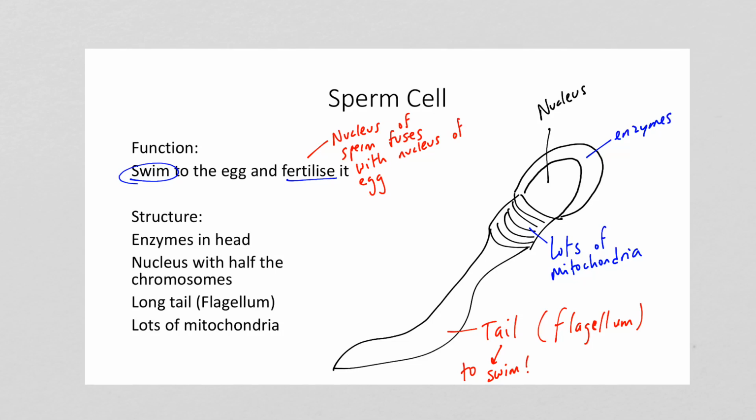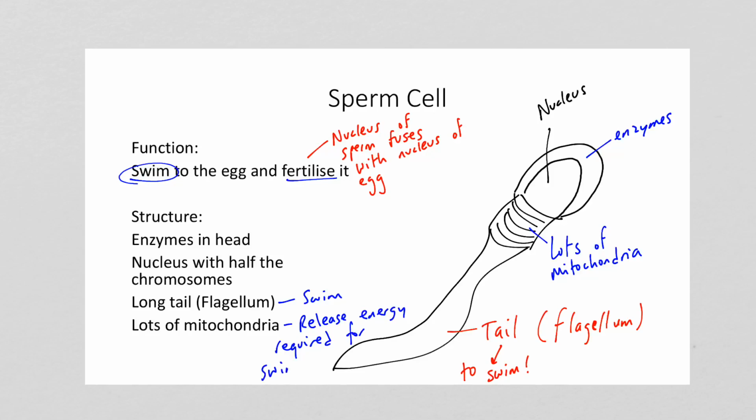So if we had a question about what is the structure and function of a sperm cell, we could start by saying, well, the function is to swim to the egg and to fertilize it. What structures allow it to do that? Well, the long tail allows it to swim. Lots of mitochondria release the energy required for swimming.